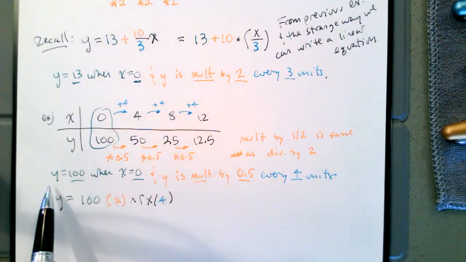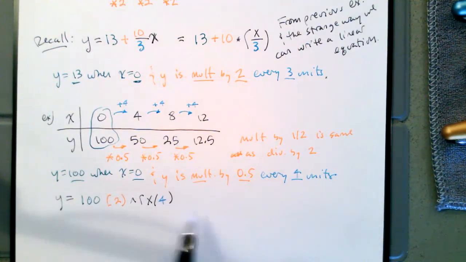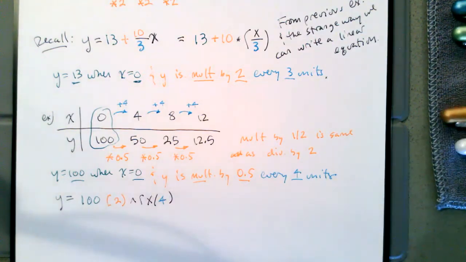Numbers, sentence, equation. All different ways of saying the same thing. The reason I wanted to do this example is that we have an interesting multiplier. A multiplier of 1/2, we like to reference something called a half-life. A half-life is the interval that will give us a multiplier of 1/2.